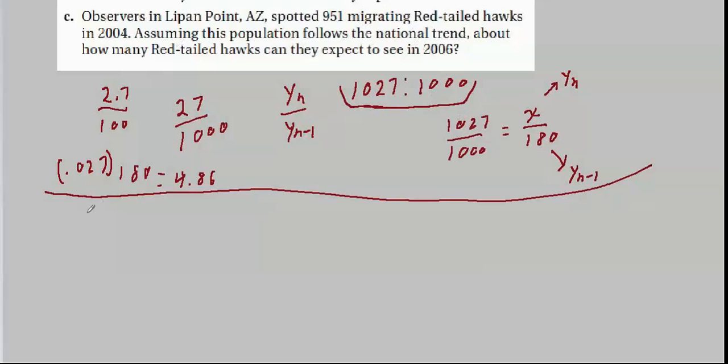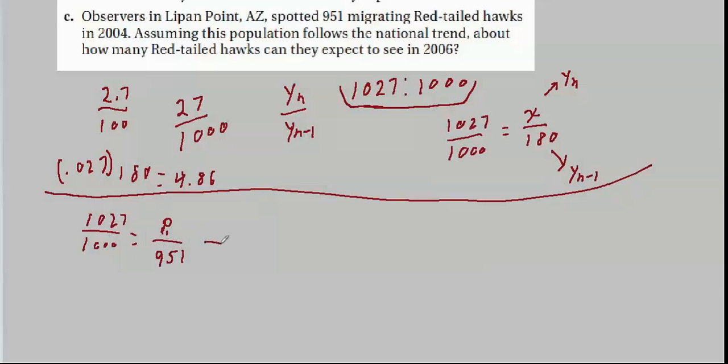Just like before, we have 1027 over 1000 is equal to, let's say, the 1 year population, 1 year from now, over the current population, which is 951, right?